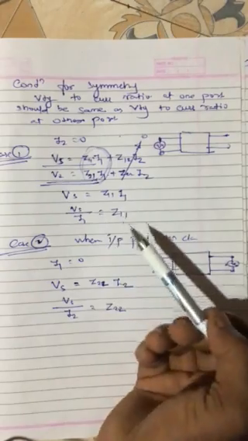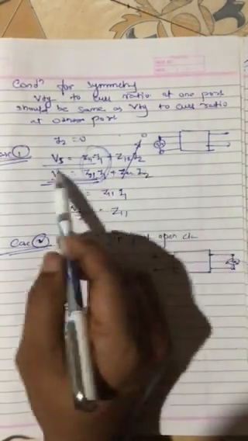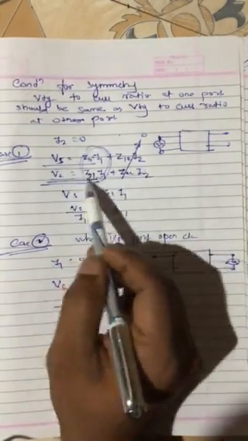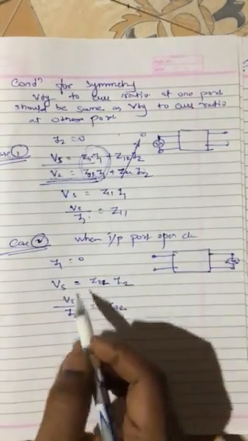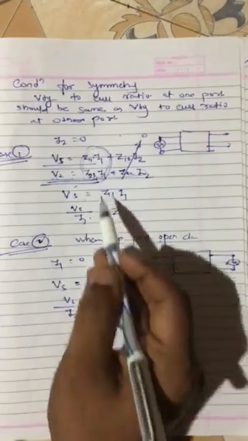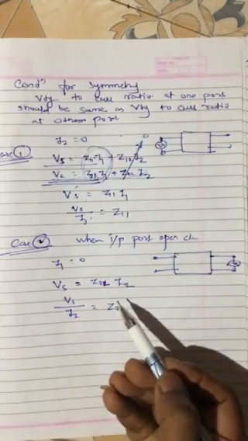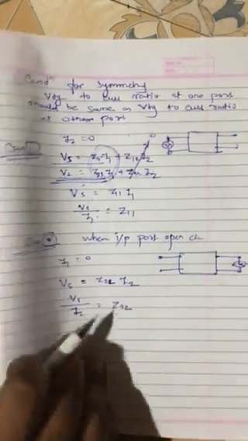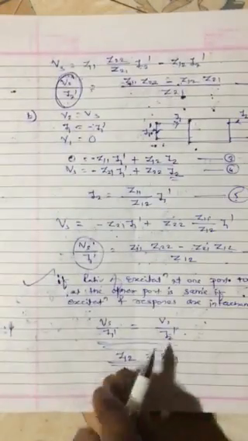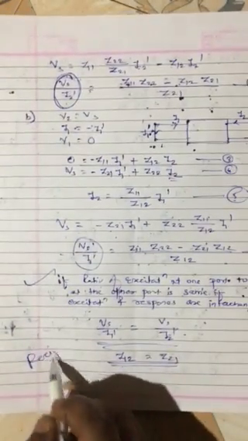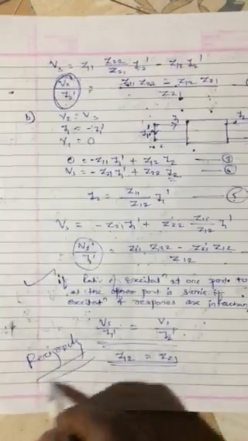Okay. Now one can ask why I have not dealt with the second equation over here. It is because I am just interested in finding the ratio of voltage and current. Now these two networks are said to be symmetrical. Okay, the previous condition was for reciprocity. If I mistakenly said symmetry there, forget it, it is the condition for reciprocity.